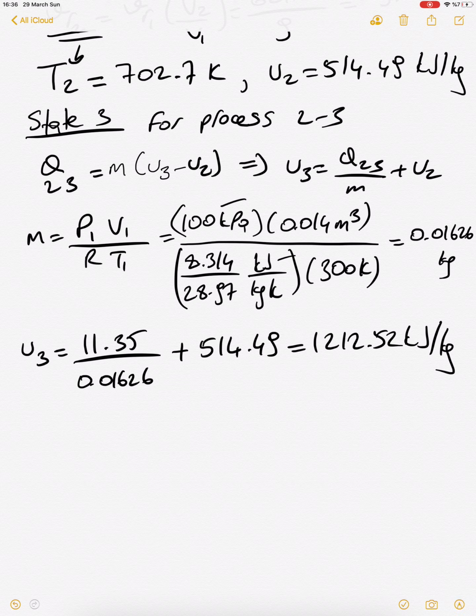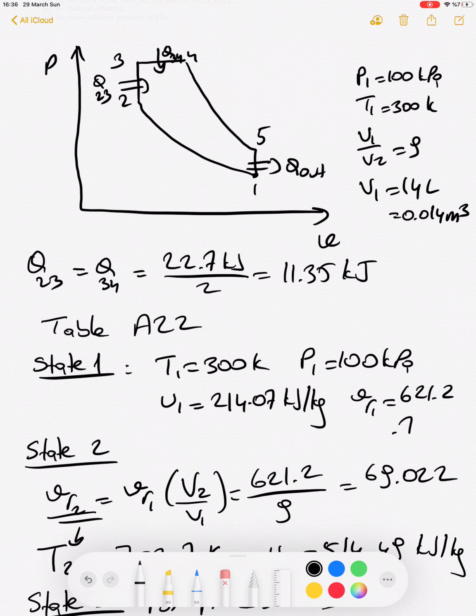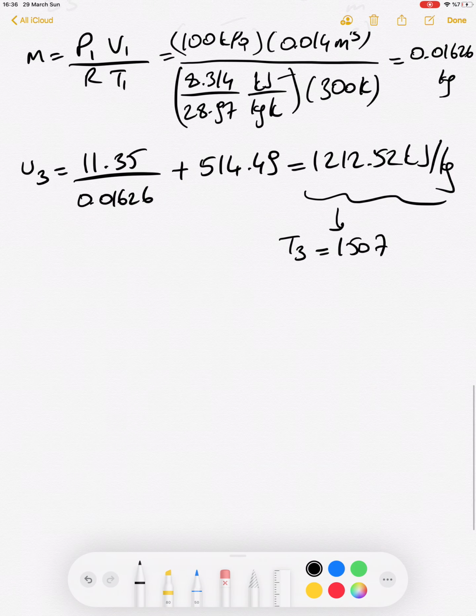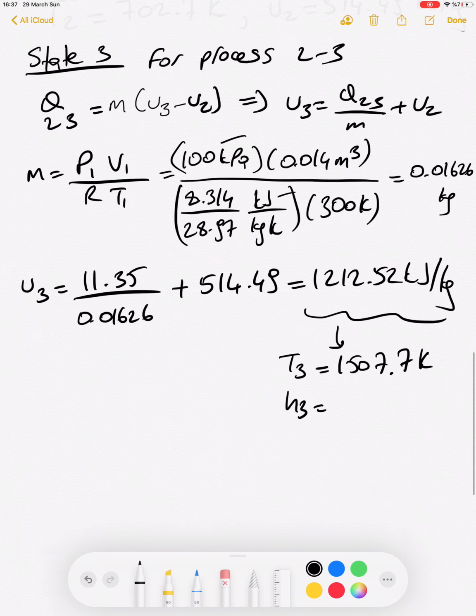And from this information, if you go to the table, our temperature is 1507.7 Kelvin, and H3, we need H3 because it is a heat addition at constant pressure.